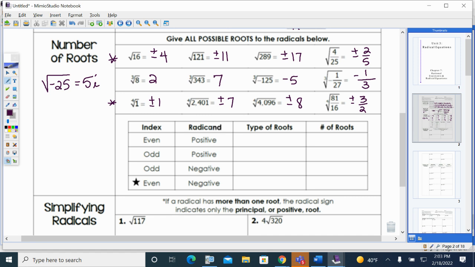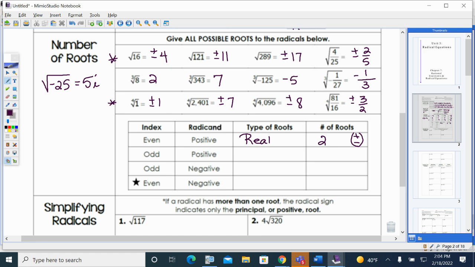Well, we have real roots. They're going to be real, not imaginary, real. And how many can we have? The number of roots, because you can have a positive or a negative, right? We might have 2 roots.